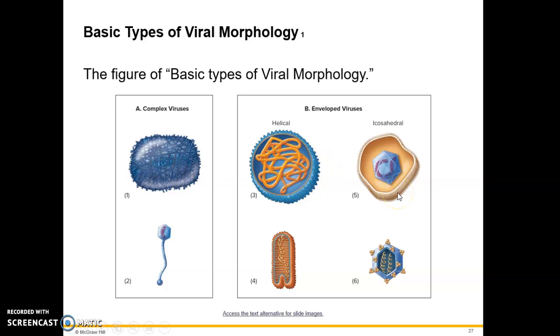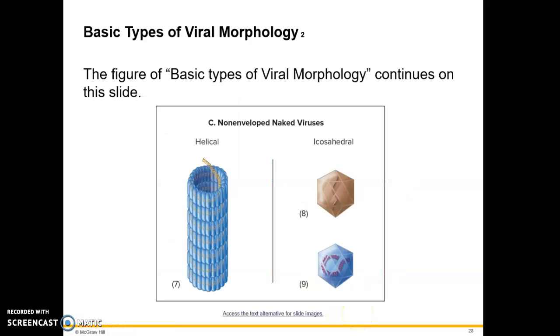And then this one is the rhabdovirus. And then these ones over here have an icosahedral nucleocapsid. This is a herpes virus. And then this one is the HIV or AIDS virus. So those are different enveloped viruses.